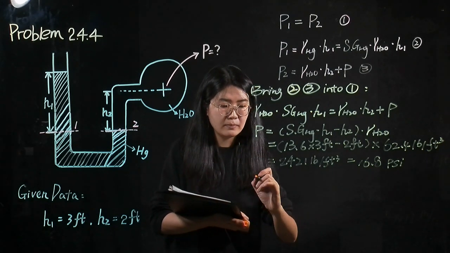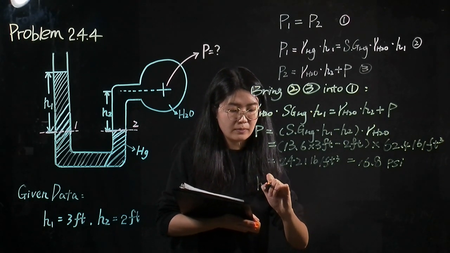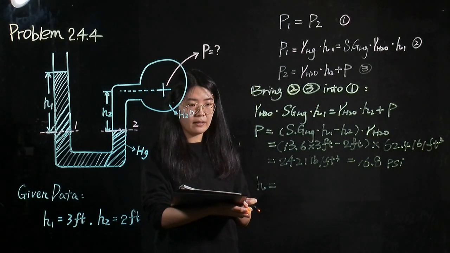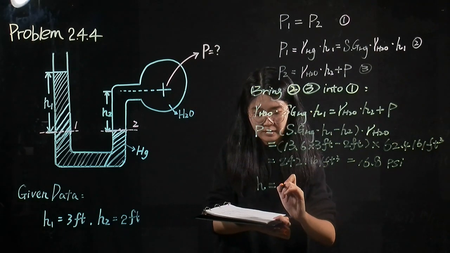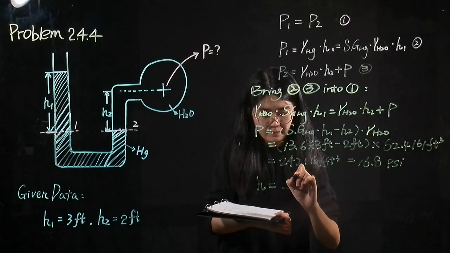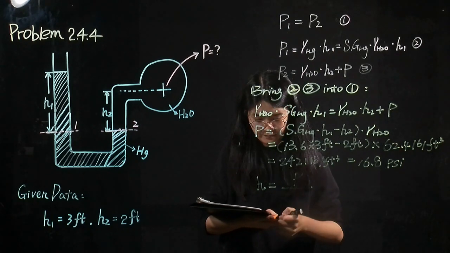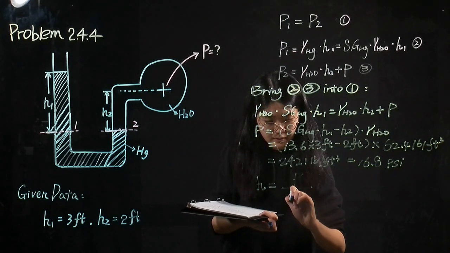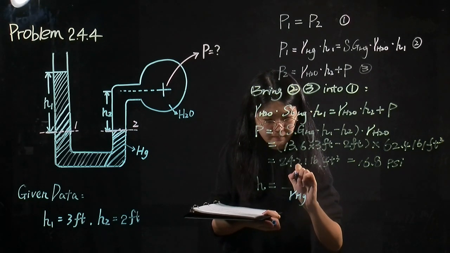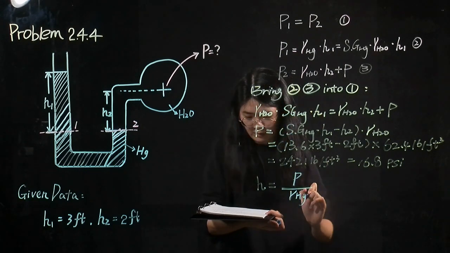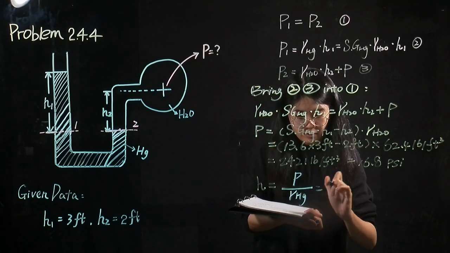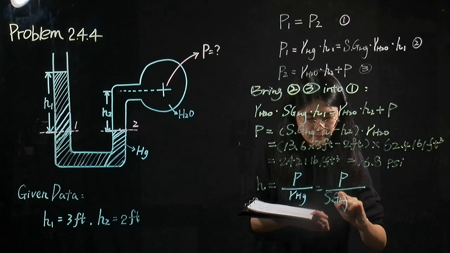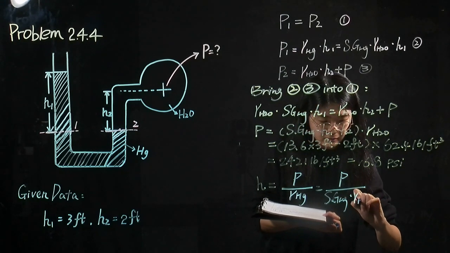And because the problem also asks us to represent P in the height of mercury, the height of mercury would be P over the specific weight of mercury, which is equal to P over the specific gravity of mercury times the specific weight of water.